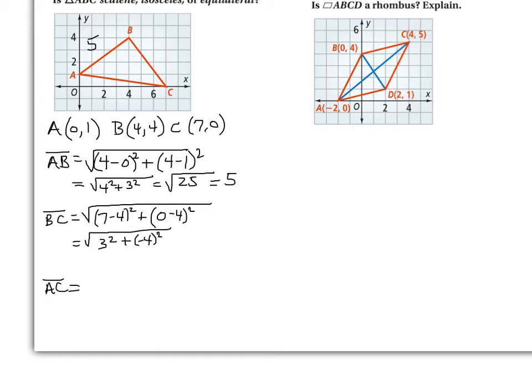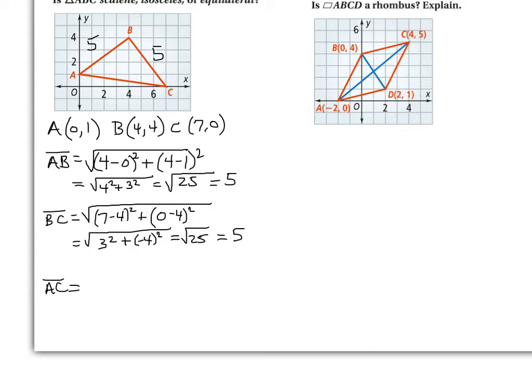Negative 4 squared is 16. 9 and 16 is 25. When I add those together, the square root of 25 is 5. So I know right now I can eliminate a scalene triangle because I know I have at least two sides congruent. Well, let's find the last side, AC.